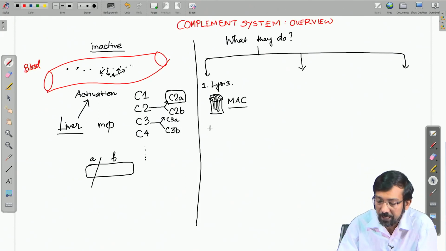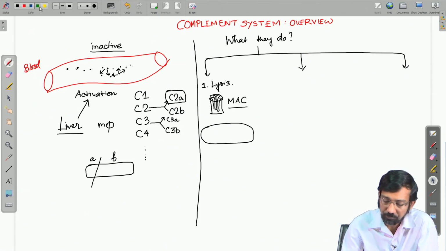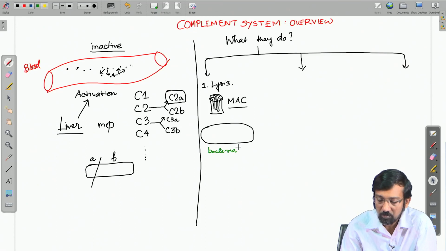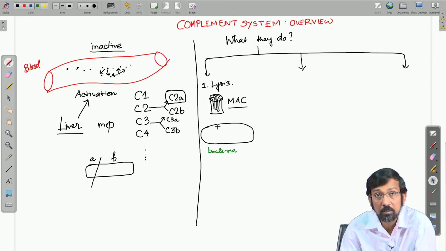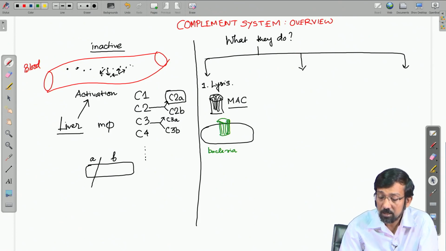And this membrane attack complex, on a target cell, for example, let us say this is a target bacterium, on the surface of this target cell or on the cell membrane, is inserted like a cylinder.